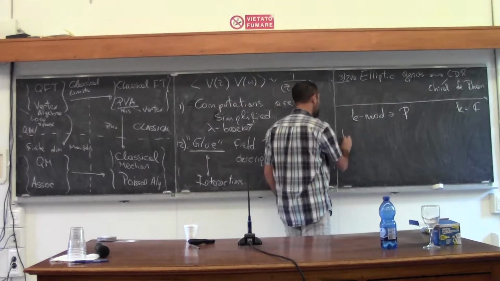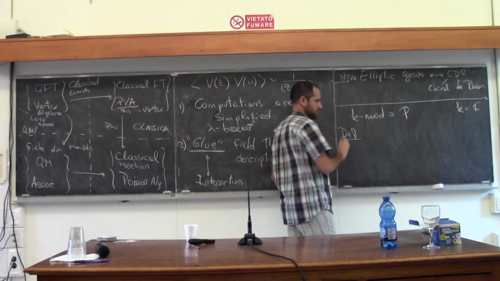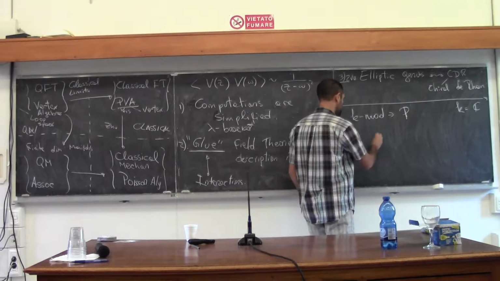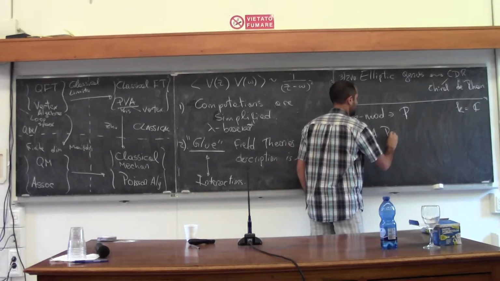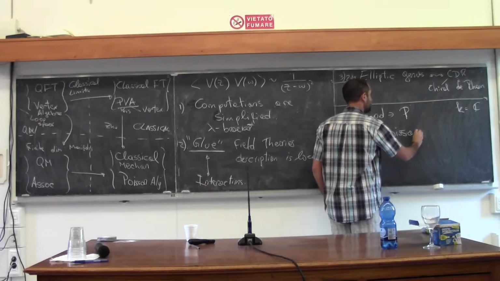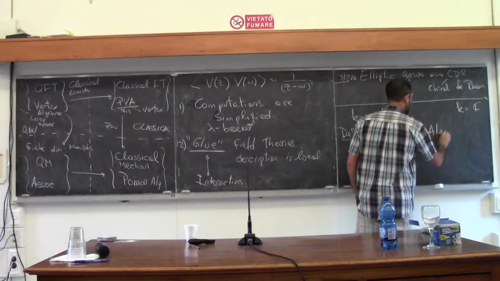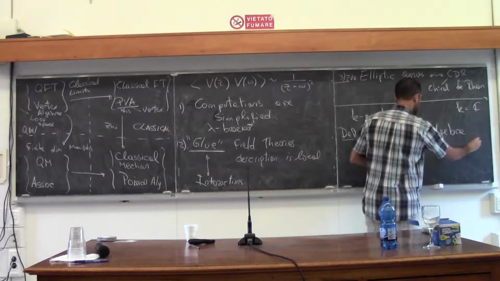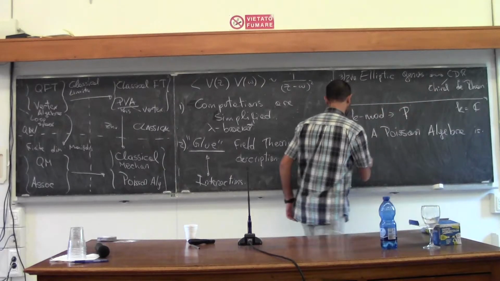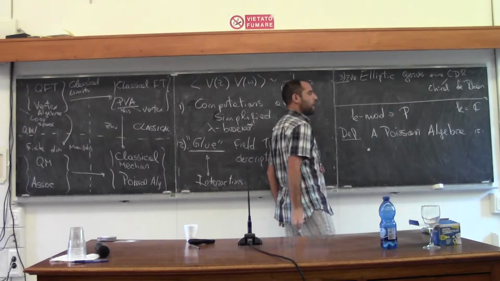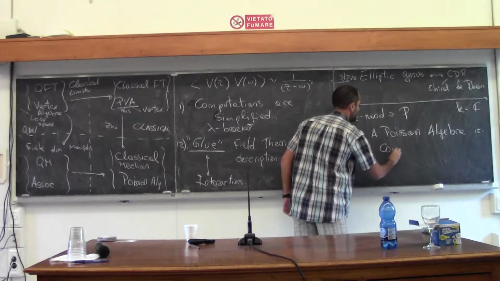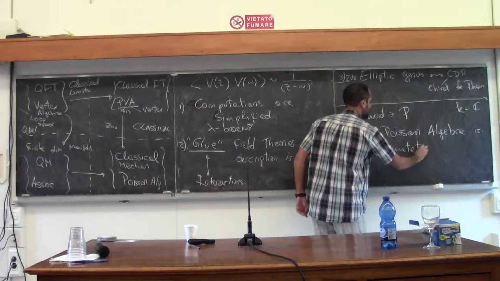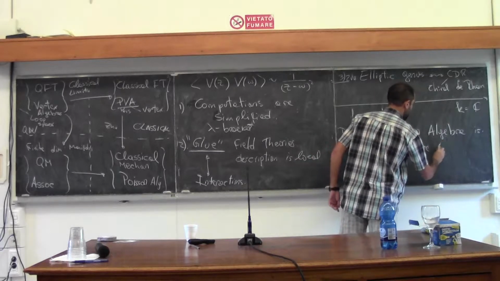So, definition, just to set the tone that this is going to be for students. A Poisson algebra is one operation, which is a commutative unital algebra.